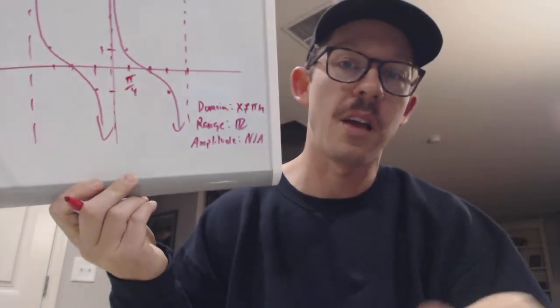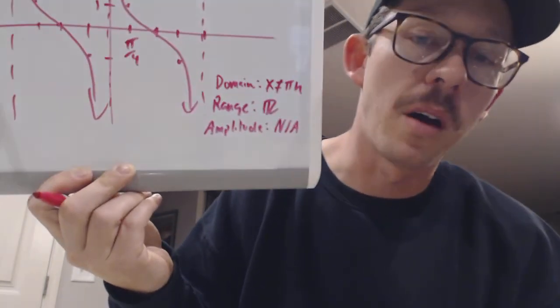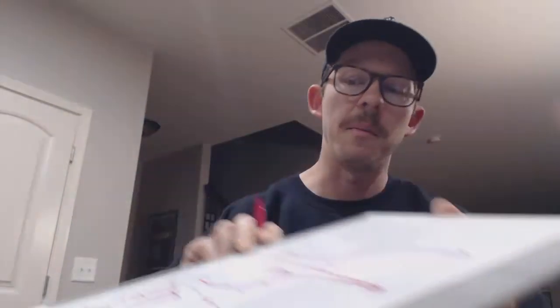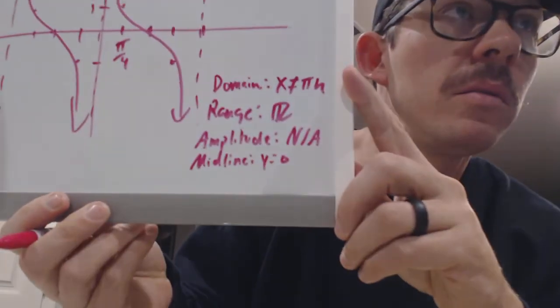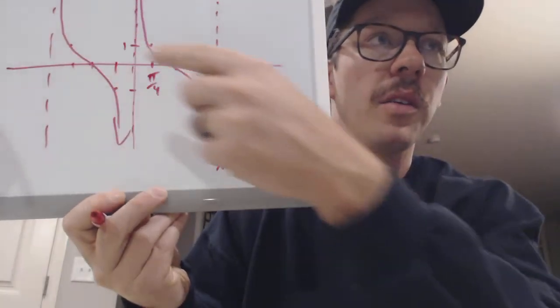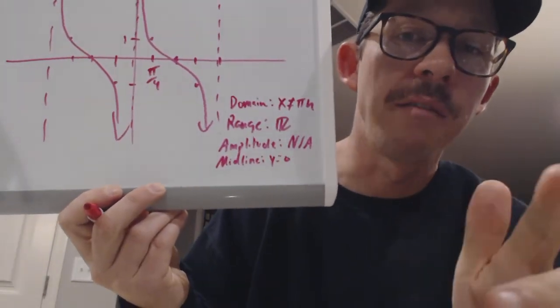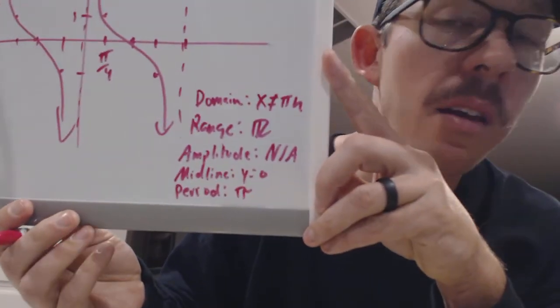The only amplitudes you talk about are sine and cosine. The midline here would be y equals 0, because if I go through the middle right there, it's y equals 0. And finally, the period. The period of a tangent was pi, and guess what? The period here is also pi.